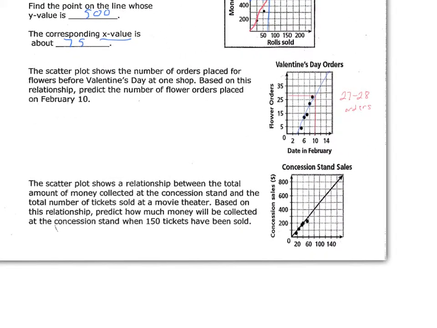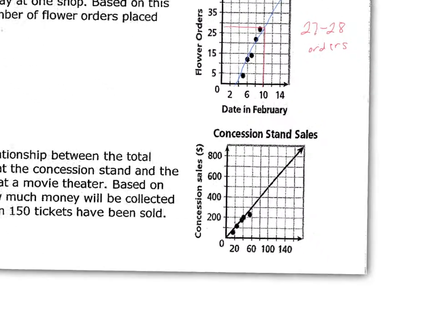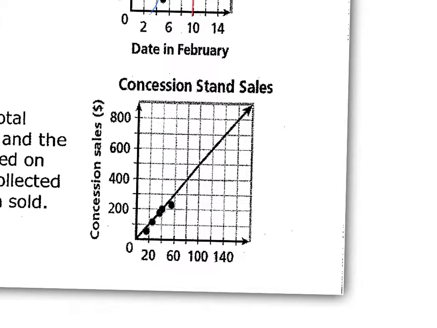Last one. It says the scatter plot shows a relationship between the total amount of money collected at the concession stand and the total number of tickets sold in a movie theater. Based on this relationship, predict how much money will be collected at the concession stand when 150 tickets have been sold. So your x-axis talks about tickets sold, and we need to go ahead and find where 150 is.